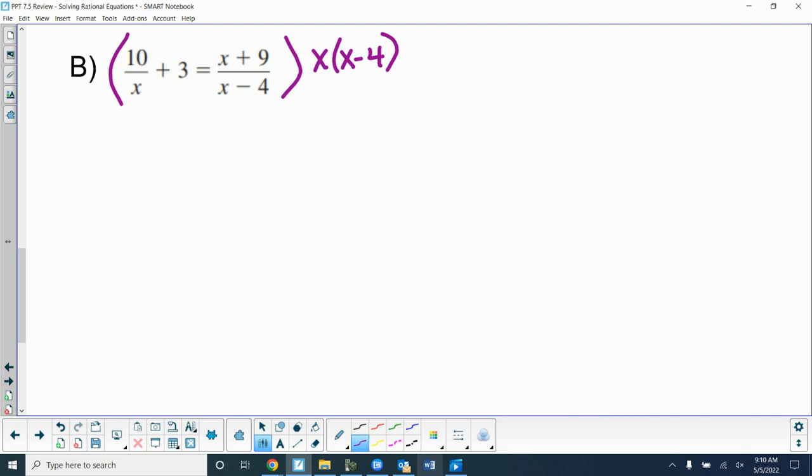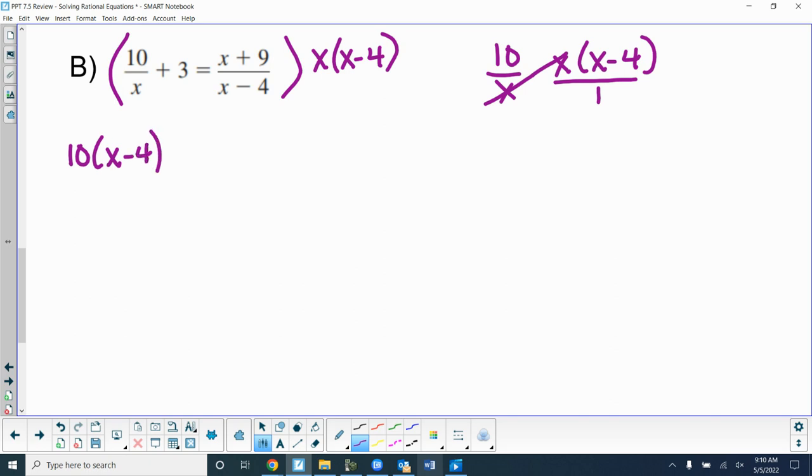So here's our 3 problems. We got 10 over X times X minus 4 over 1. Those go away, right? So what's left? 10 times X minus 4. So I'm going to write that. There's my plus sign. Then I have a 3 over 1 times X minus 4 over 1.